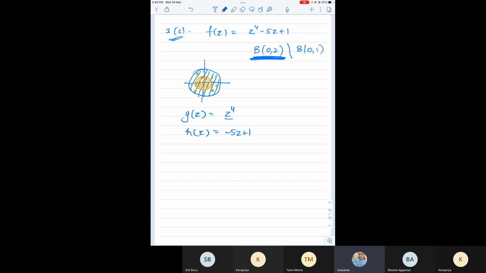The modulus of this will be 16 and this will be some 11. So the modulus of g(z) will be greater than the modulus of h(z), right? So from here you will get that there will be 4 roots of f inside the ball of radius 2.